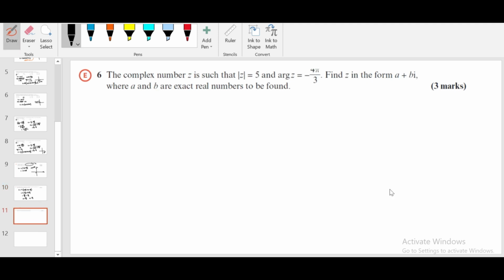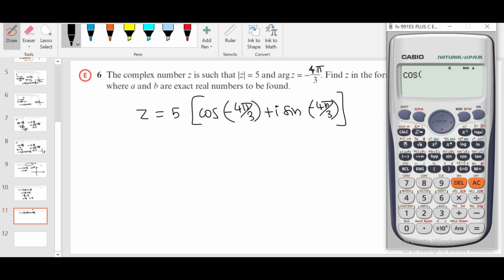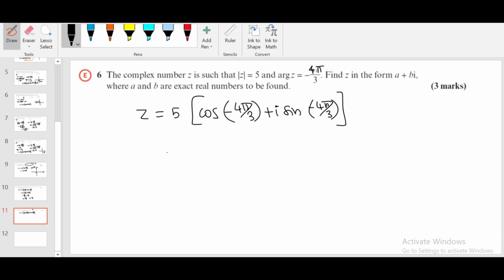Question number 6 is also the same. Argument is minus 4 pi over 3. So you write z in the modulus argument form: 5 cos minus 4 pi over 3 plus i sin minus 4 pi over 3. Find the value of cos minus 4 pi over 3 and sine. Cos minus 4 pi over 3 is negative 1 over 2.